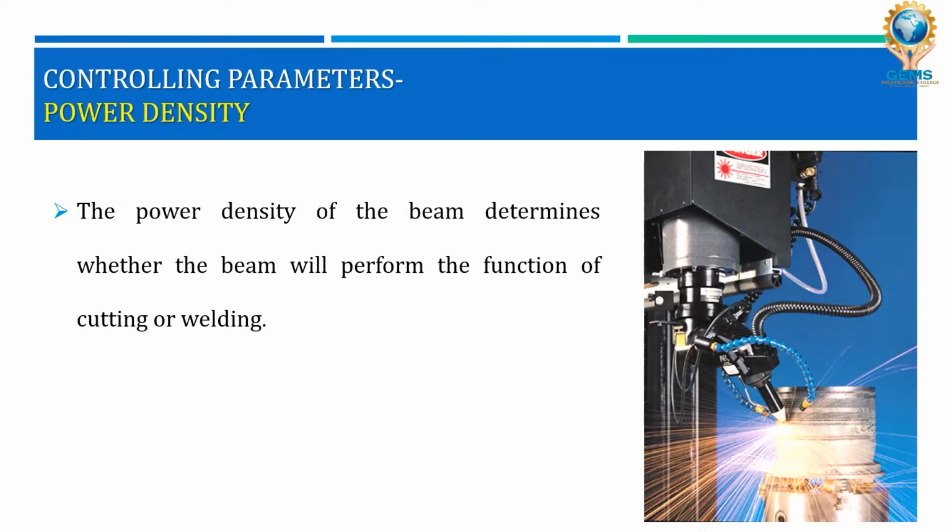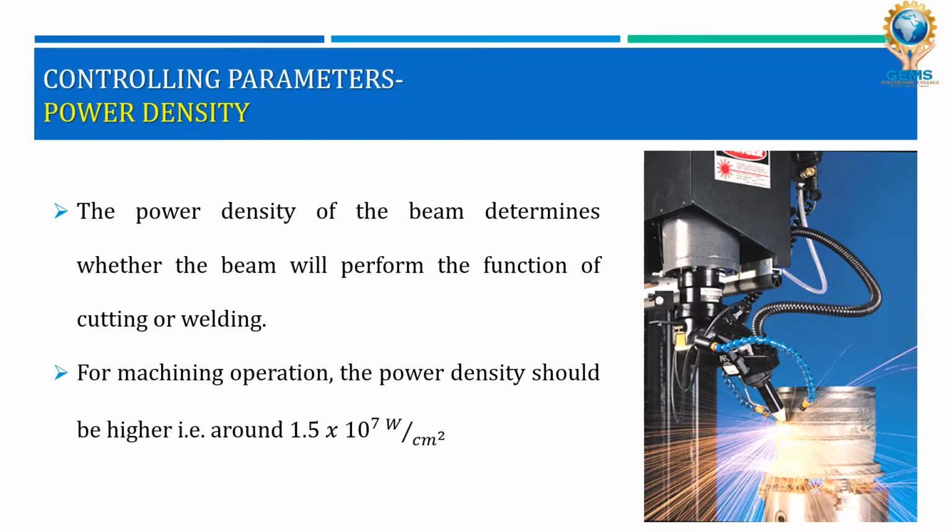Cutting means we cut the piece into two. Welding means we join the pieces into one. So power density plays a major role as a controlling parameter of the laser beam according to the application, whether it is cutting or welding.